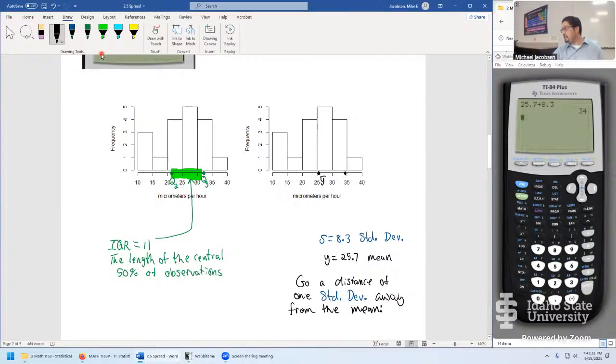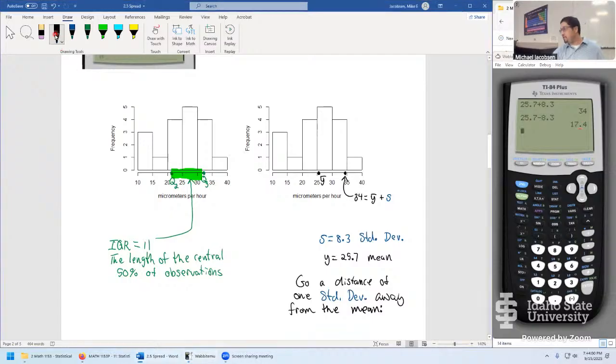So we go to here. This is value 34, which is going to be Y bar plus S. So that's adding one standard deviation. And then we go the other opposite end, go Y bar minus S. So in the calculator, 25.7. Now subtract 8.3. We get 17.4.